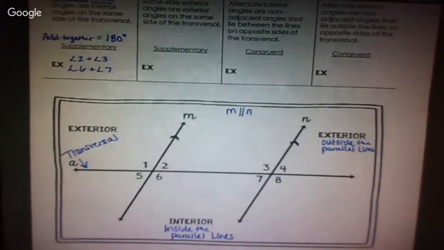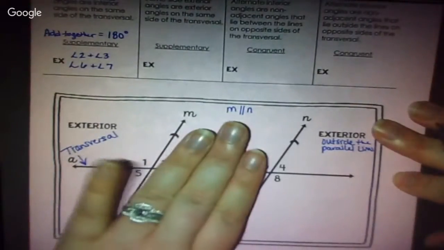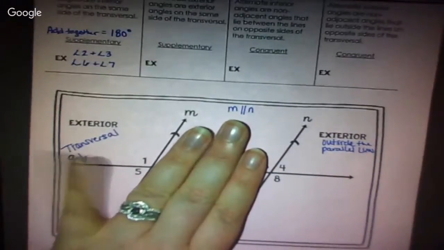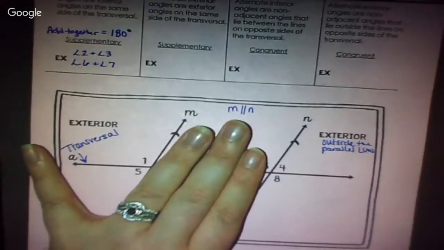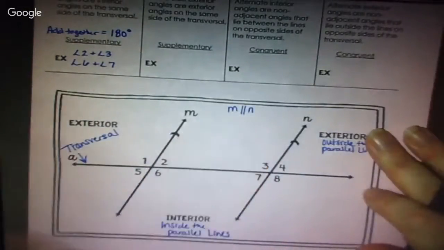Now we've got same side exterior: 1 and 4, and 5 and 8. This time they need to be outside the parallel lines. So if you cover up the inside, everything that's outside is 1 and 4, 5 and 8. And they have to be on the same side, so on the top together and on the bottom together.